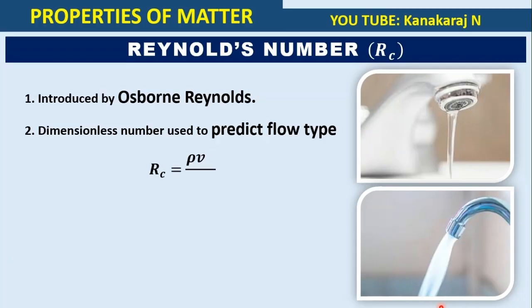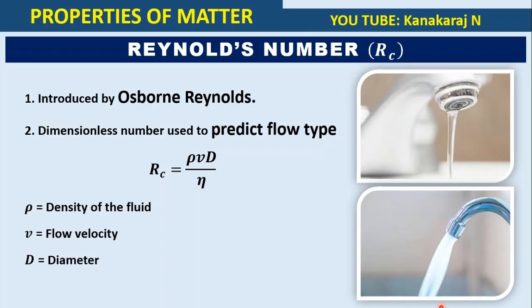Rc equals rho V d upon eta. Here, rho is the density of the fluid, V the flow velocity, d the diameter of the pipe, and eta the viscosity of the fluid.